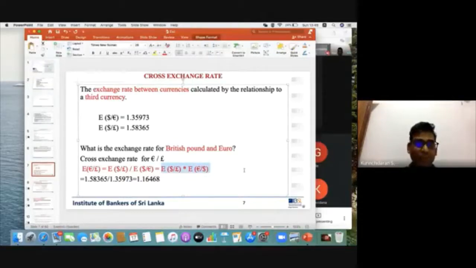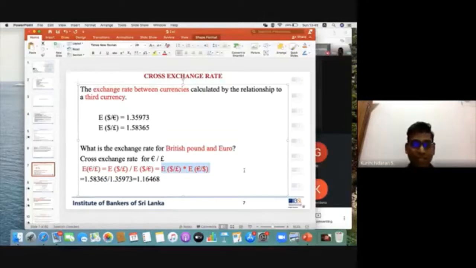Now if I put this formula together, the exchange rate, sterling pound to USD multiplied by exchange rate USD to Australian pound or euro, right?